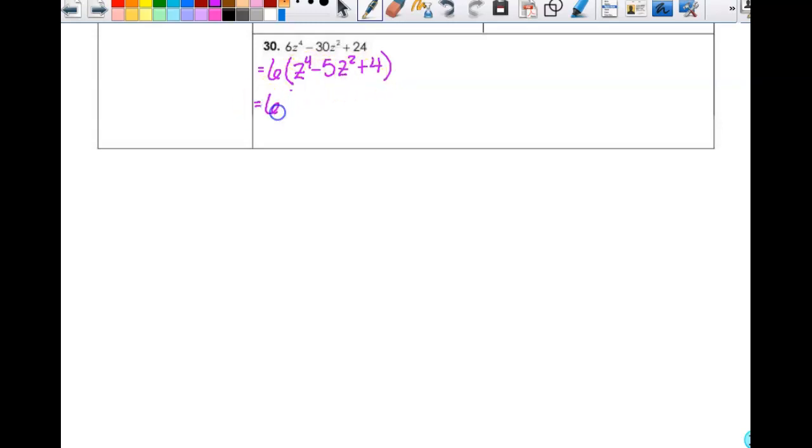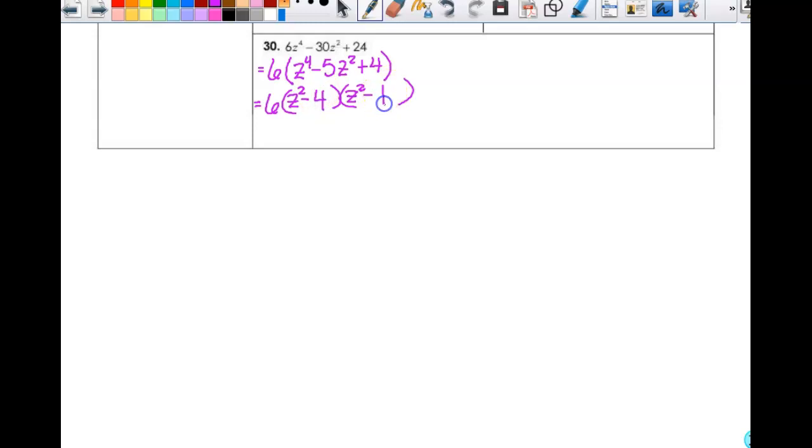So this gives me 6, and then I'm going to have 2 binomials. I know they're each going to start with z squared. This is positive, so the signs are the same. This is negative, so they're both negative. So 2 numbers that multiply to give me 4 and combine to give me the negative 5. Negative 4 and negative 1.